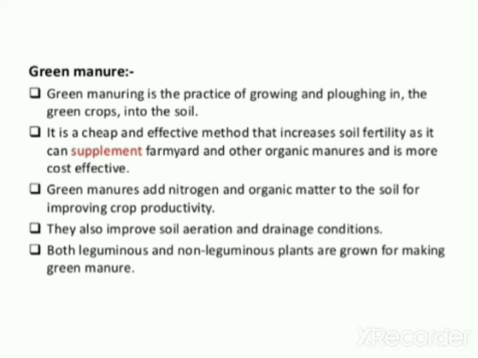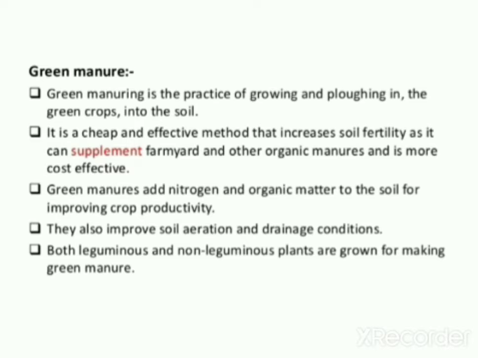Green manures. Green manure is the practice of growing and plowing in the green crops into the soil. It is a cheap and effective method that increases soil fertility as it can supplement farmyard and organic manures and is more cost effective.